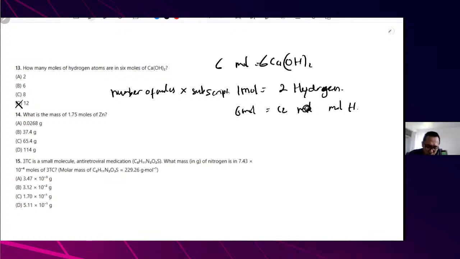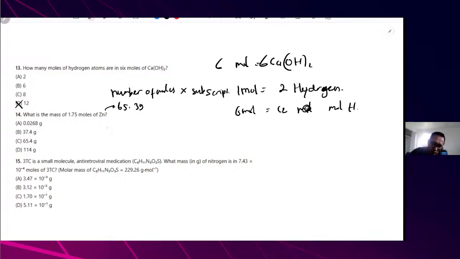Okay, what is the mass of 1.75 mole of Zn? Let me take a look at the periodic table again. Zn is 65.39.